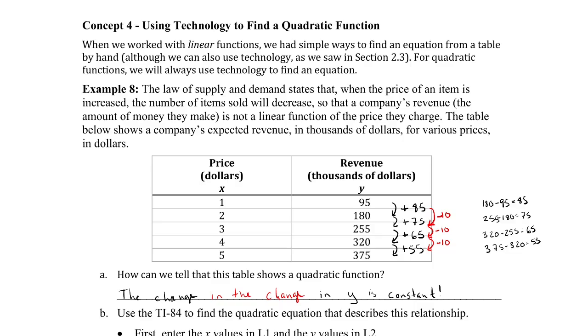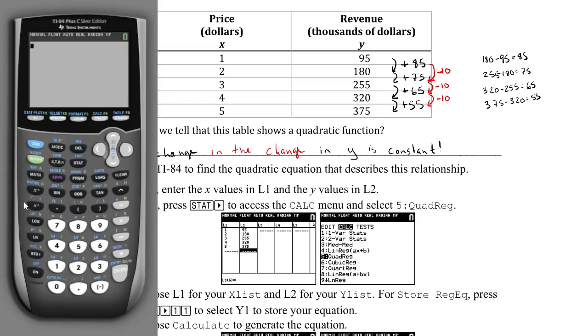How do we do that? The first thing we need to do is enter our values in lists, just like when we were going to use linear regression. So we'll say stat, edit, clear out anything you currently have in the lists, and then we'll enter our x values in one list, 1, 2, 3, 4, 5, and our y values in another list.